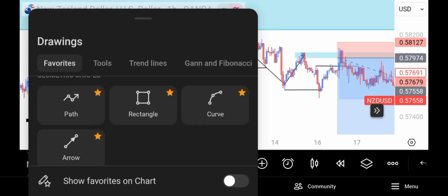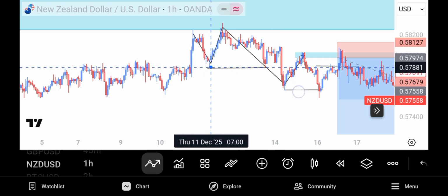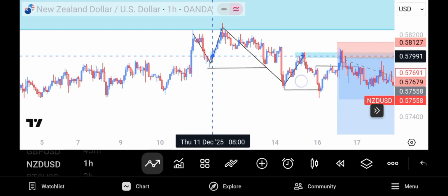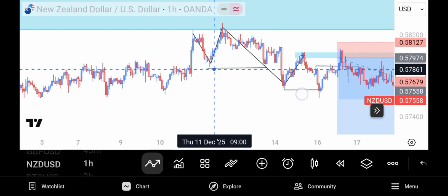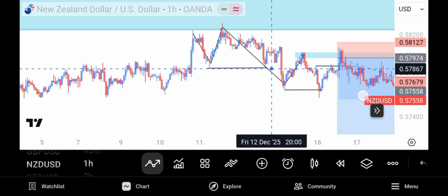So if that low has been broken, it is now an added confluence that this market actually wants to sell. Now, what is the first confluence? We've used the higher time frame direction for sell. We had a resistance on the higher time frame. Now we had a structure break on the lower time frame.